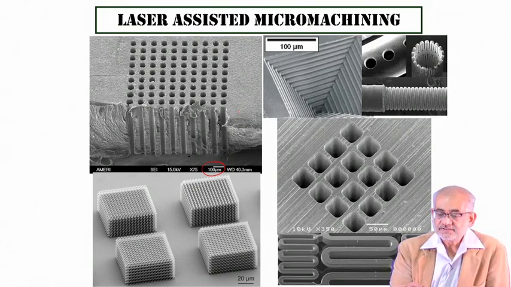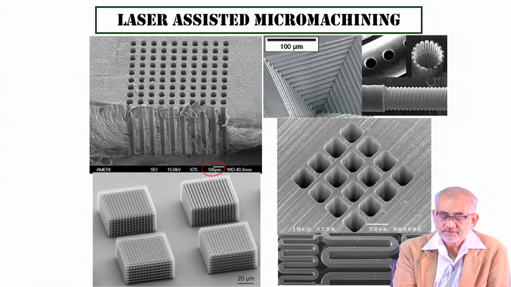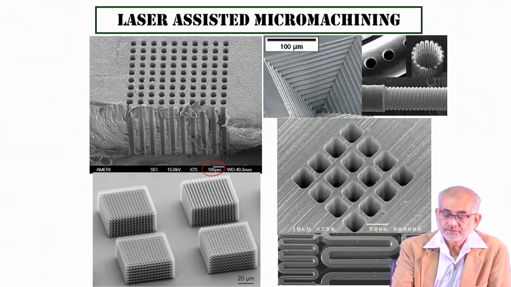So these micromachining features can be not only completely vertical, they can also be inclined. Actually, one can start by drilling a rectangular or square hole at the very bottom like this, and then in order to reach there, you can have various cuts with various widths.